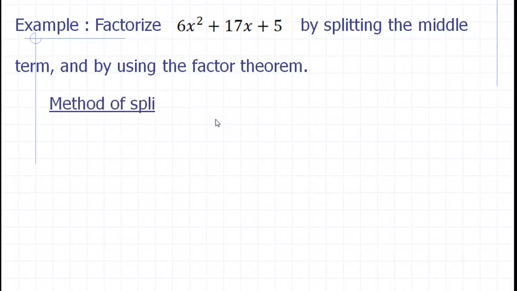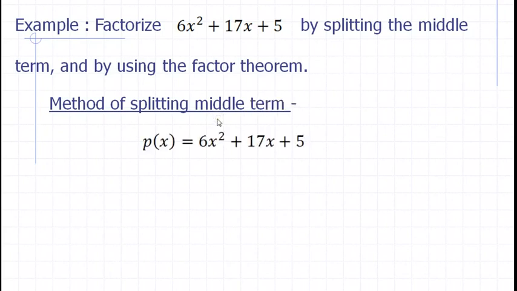So let us see the method of splitting the middle term. Our polynomial p(x) equals 6x square plus 17x plus 5. The middle term is 17x, and this 17x we have to split. How to split?